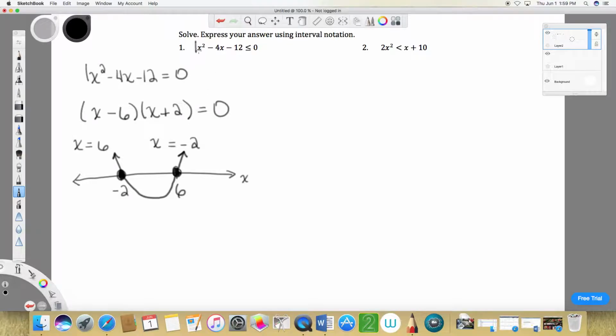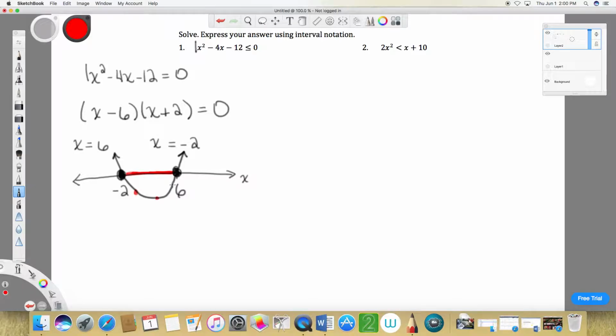Now, if I'm wanting the values of x such that this arithmetic results in less than or equal to 0, the output is below the x-axis. So I'm interested in the values on this number line that result in the y-coordinate being below the x-axis.